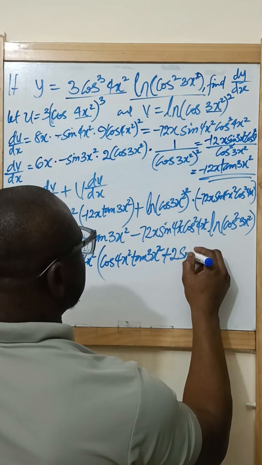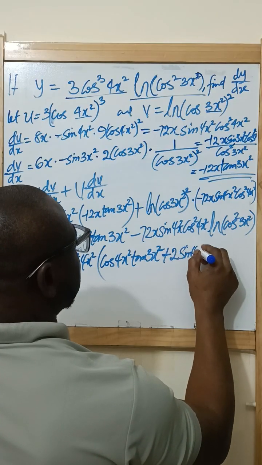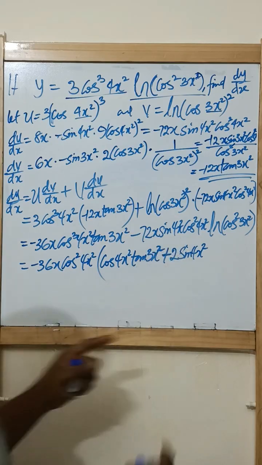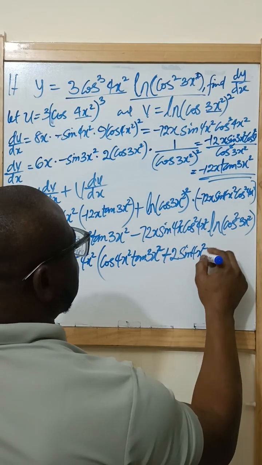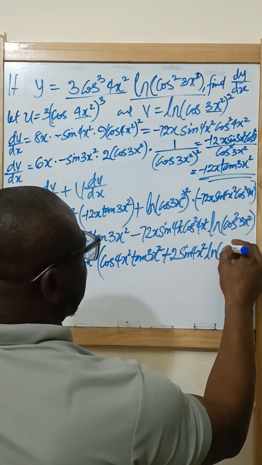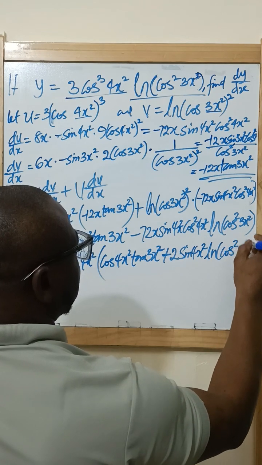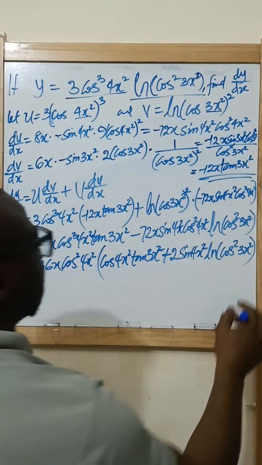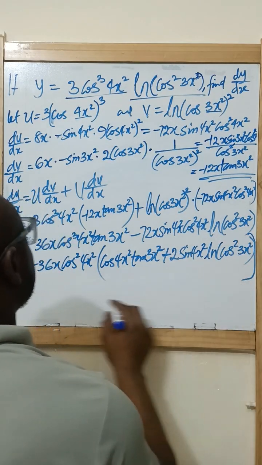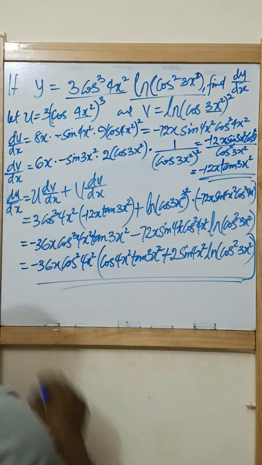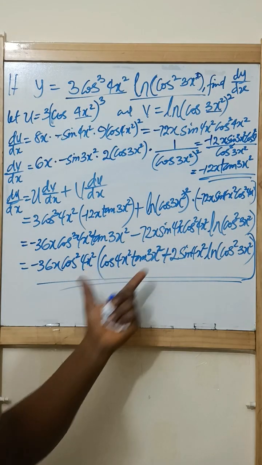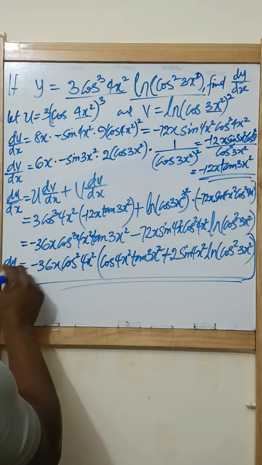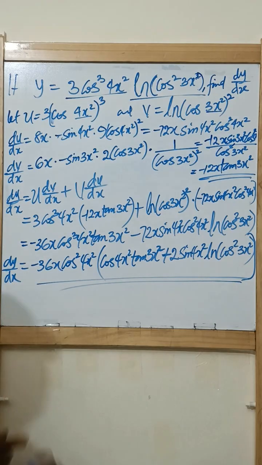Then we still have sine 4x squared here, then ln cos squared 3x squared. So this is the factorization of that entire expression. So this is now our dy/dx. And that's the solution.